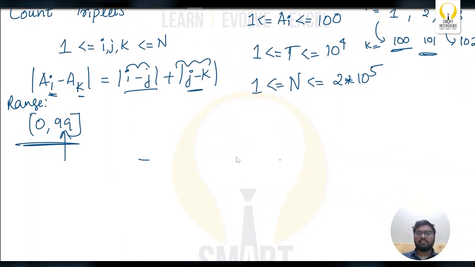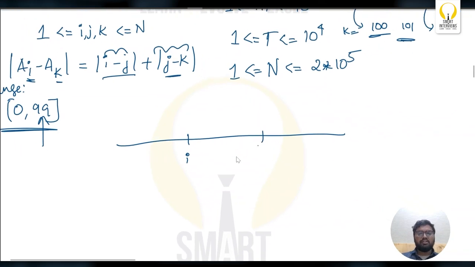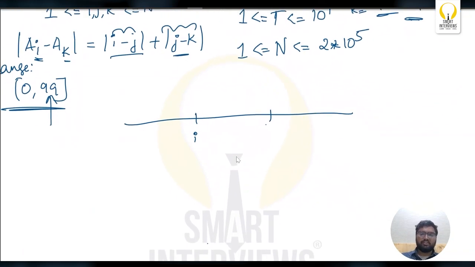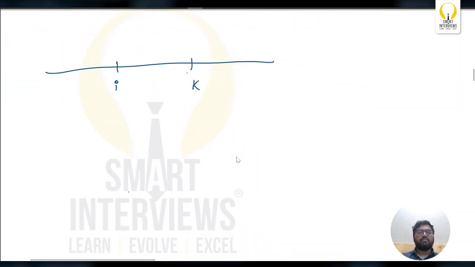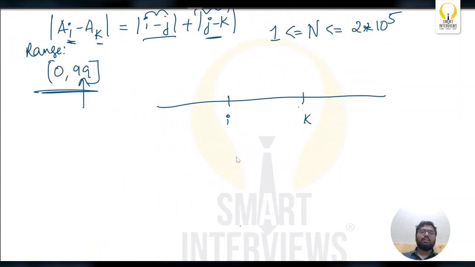So let us try to take a line here. Let's say i is at this position and k is somewhere here. So j can be in between i and k, or j can be here. So there will be cases.